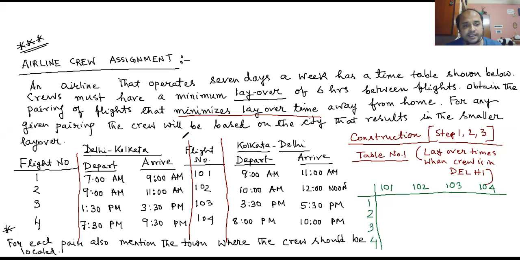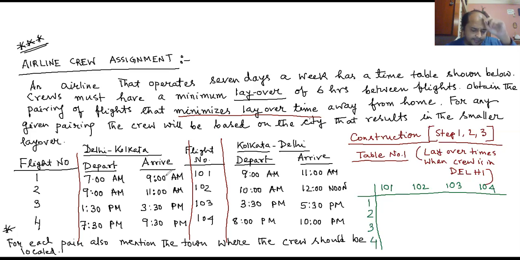Now first of all, try to understand. A flight is departing from Delhi airport at 7 a.m., 7 in the morning, and it's coming to Kolkata at 9 in the morning. It's a very true picture, because if you take an Indigo flight, then exactly 2 hours is required to reach Kolkata from Delhi.